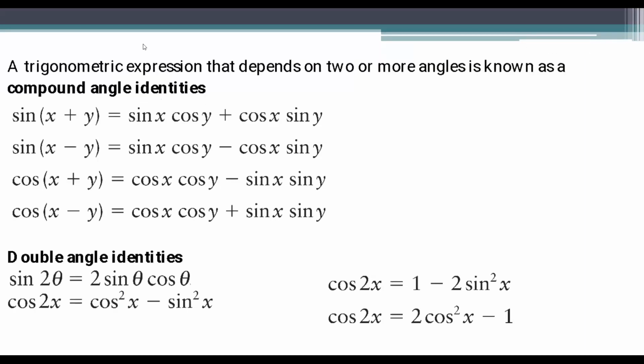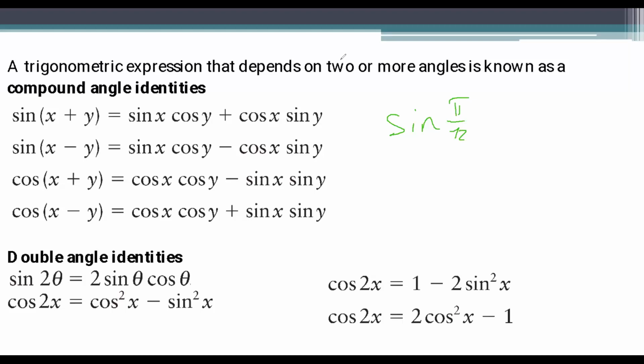Sine pi over 12. Let's see. There is a mistake in this question.